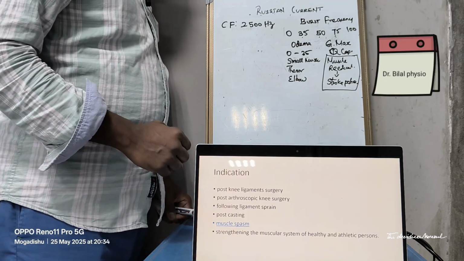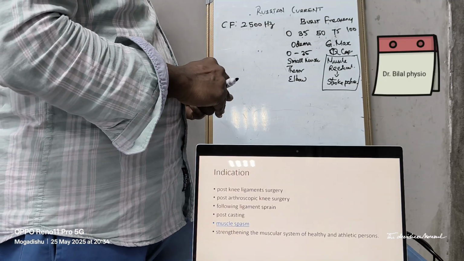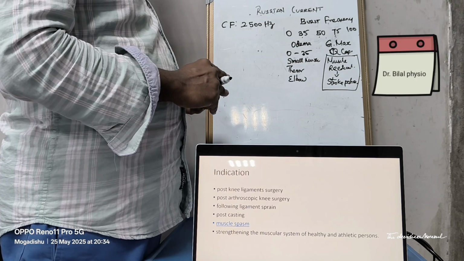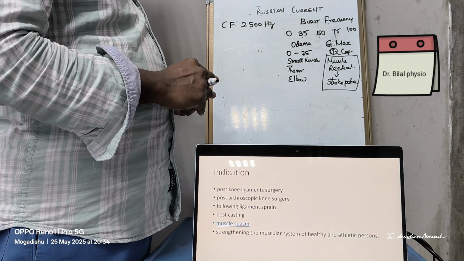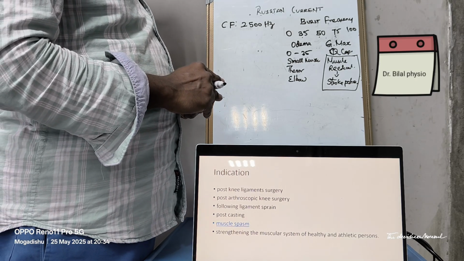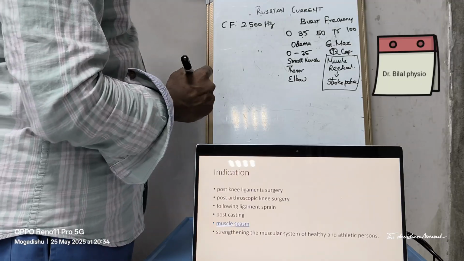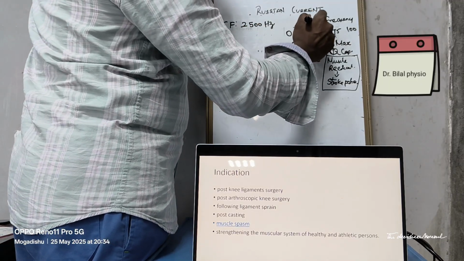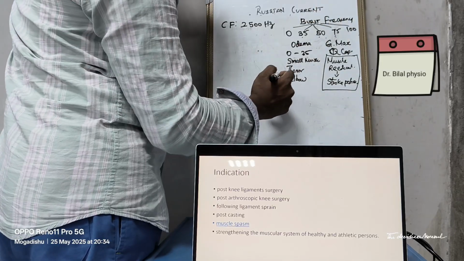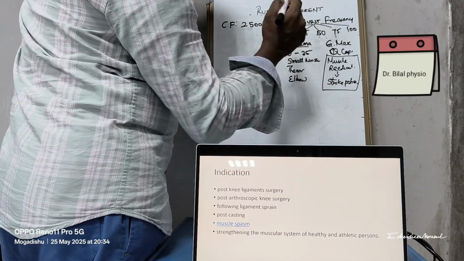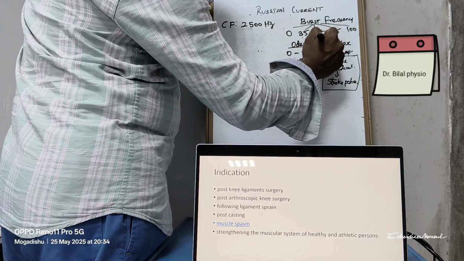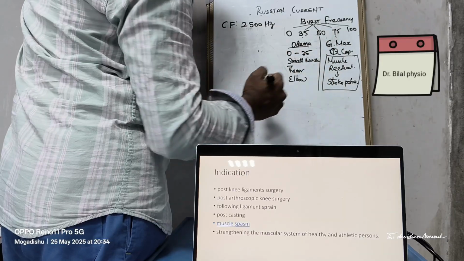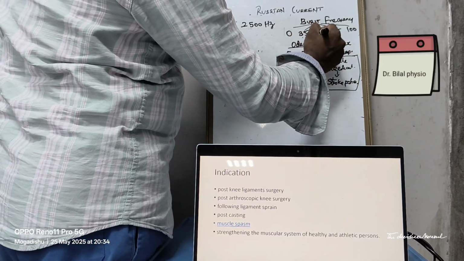Regarding the hand condition, for some patients we get an early recovery; for some patients we are still waiting for recovery. So these are the burst frequency ranges and the conditions for which we use them: mostly edema and big muscle stimulation, and for muscle re-education we use these two frequencies.